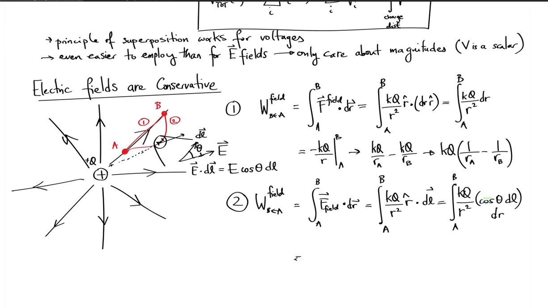So what we get is then the exact same form as we get over here. We just get the integral from a to b, for every little segment. Theta could be different at every little point on here, but the argument still works. Whatever theta is, cosine theta dl is still basically dr. So we get something that looks like kQ over r squared dr. Then all these steps are the same, so the work done is still 1 over r sub a minus 1 over r sub b.